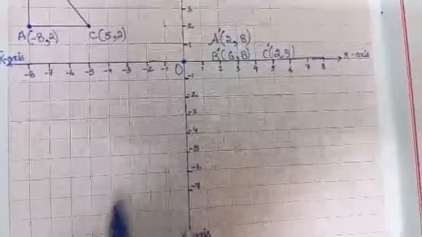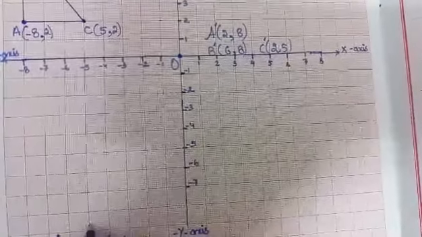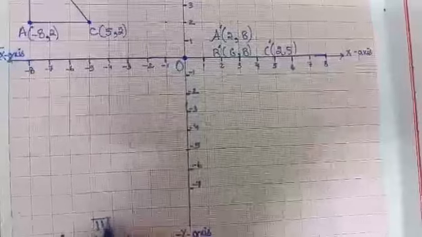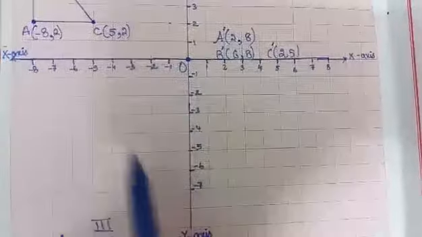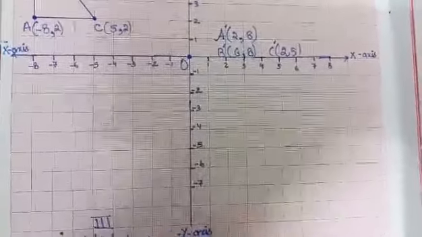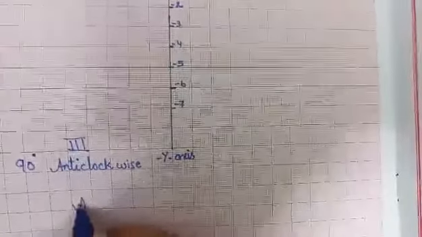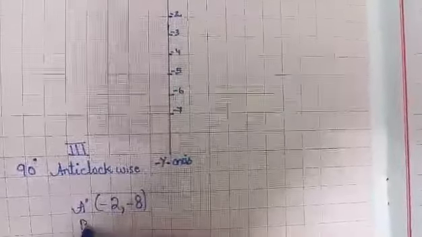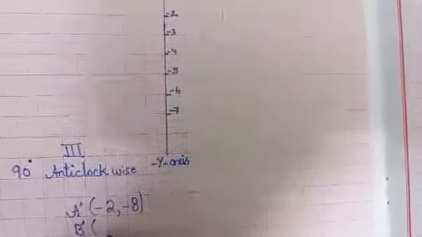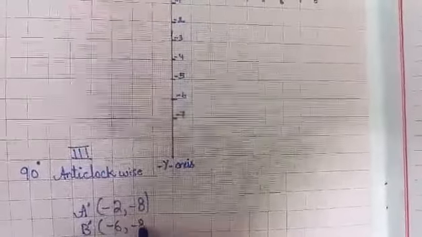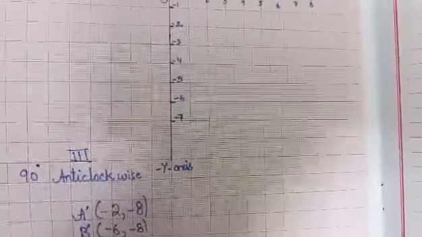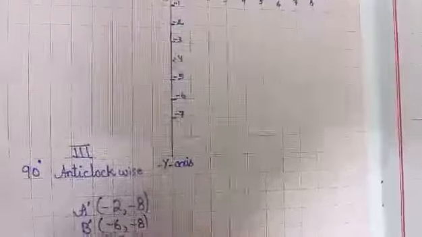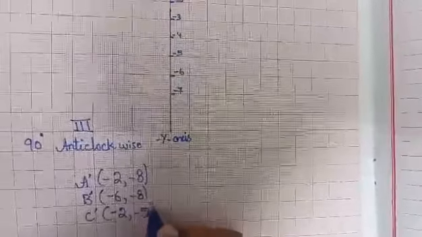The shape will come in quadrant number 3, as both x and y axes are negative over here. So A prime would be -2 and -8, B prime would be -6 and -8, and C prime would be -2 and -5.